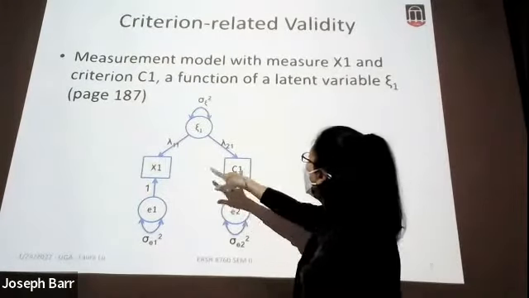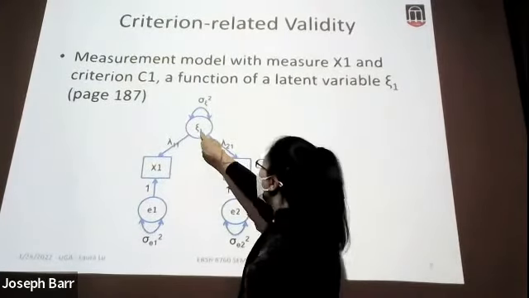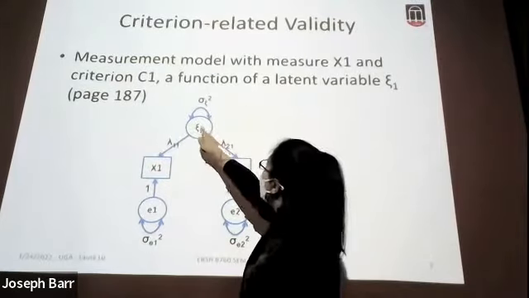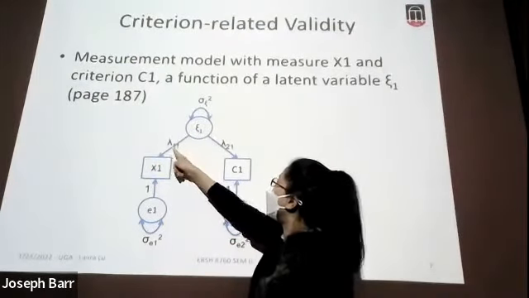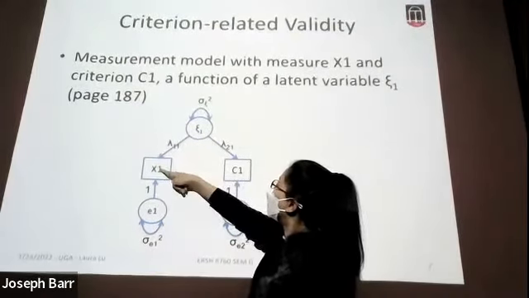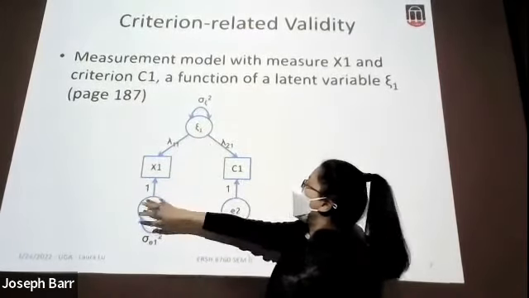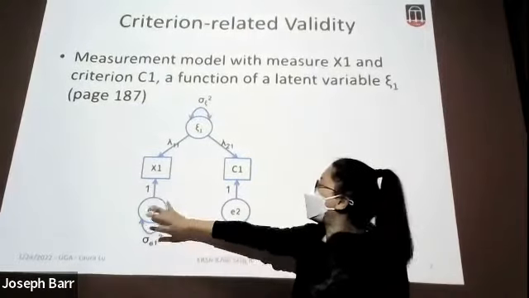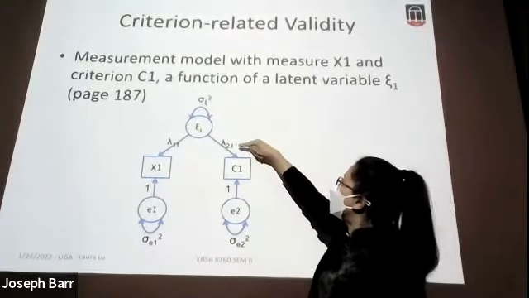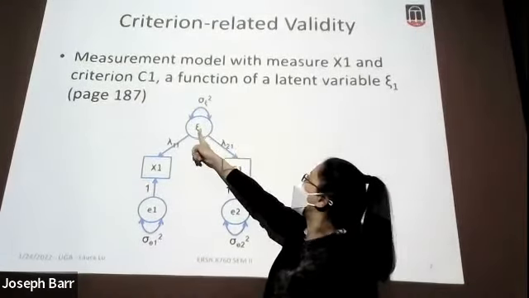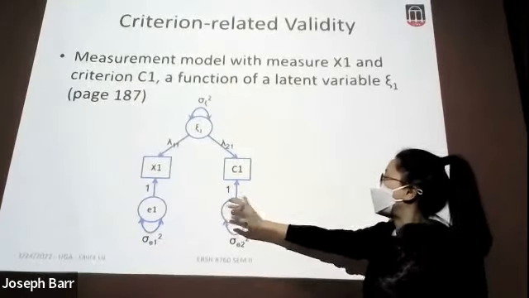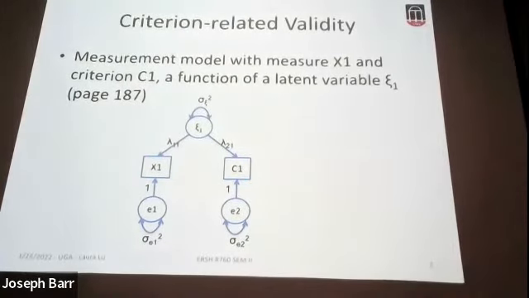And both of these, X1 and C1, are a function of the latent variable C. So you have some weight here. This one is the weight times the true score C and the measurement error part here. C1 is the lambda one, the weight times the true score C1, plus the measurement error here.